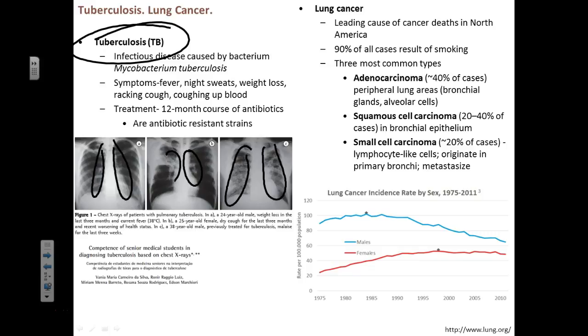It's caused by a bacterial infection. Some estimates suggest that one third of the world population is infected. But in most people, it's an inactive form. It's not even noticeable, and you're going to live a long life not even knowing that you have TB.